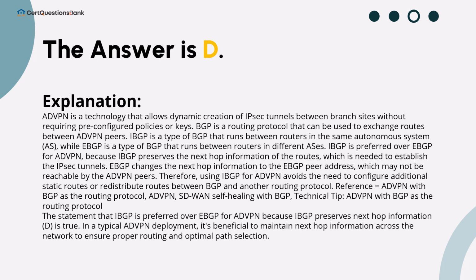The statement that IBGP is preferred over eBGP for ADVPN because IBGP preserves next hop information, D, is true. In a typical ADVPN deployment, it's beneficial to maintain next hop information across the network to ensure proper routing and optimal path selection.